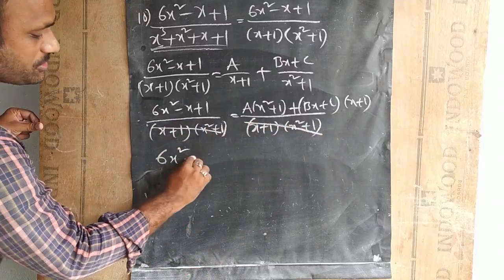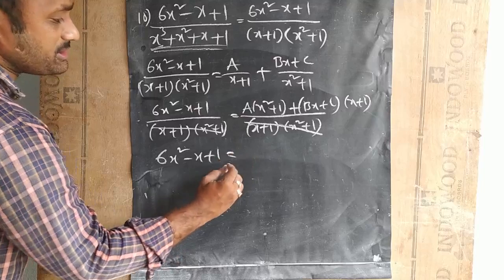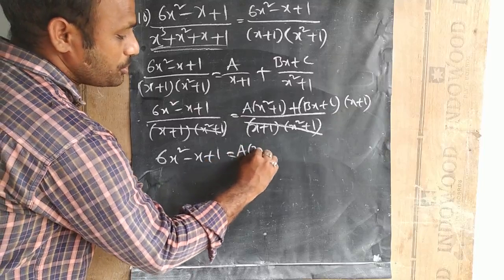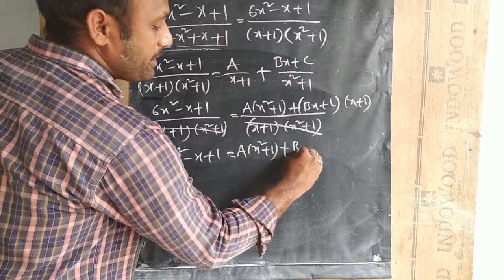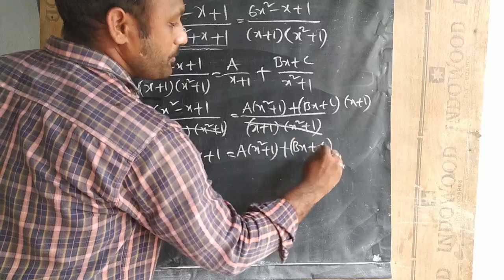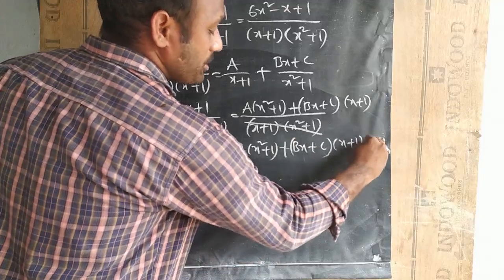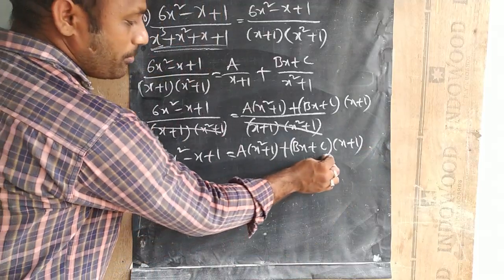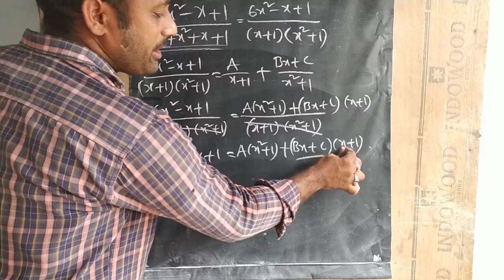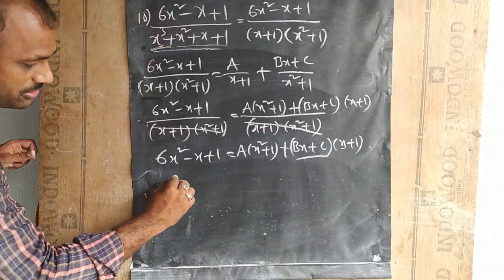Now it is 6x² - x + 1 equals A(x² + 1) plus (Bx + C)(x + 1). So first, if I want to make this term 0, then I can substitute x as -1 directly.